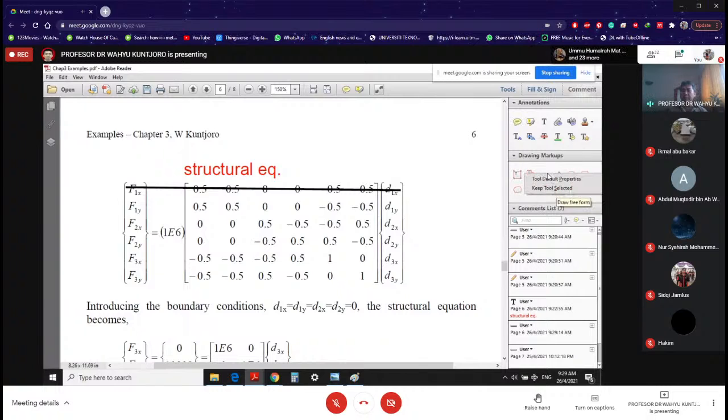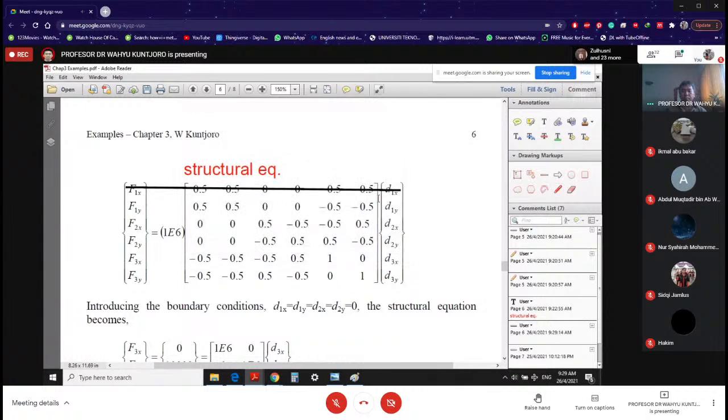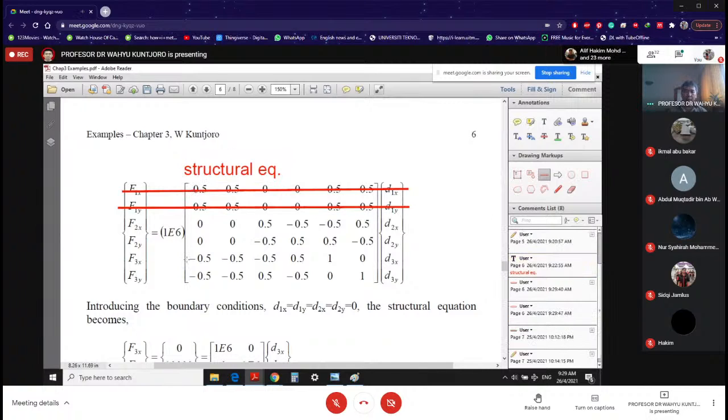Hold on, how am I going to do this? I make it red. So anything to do with D1x is going to be deleted. Like that. And also the column.